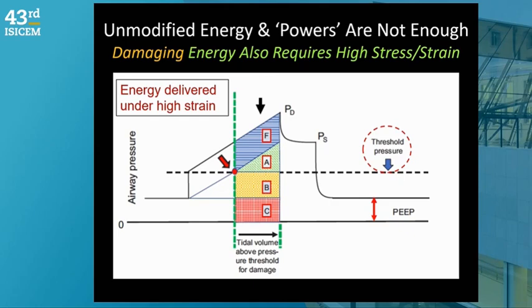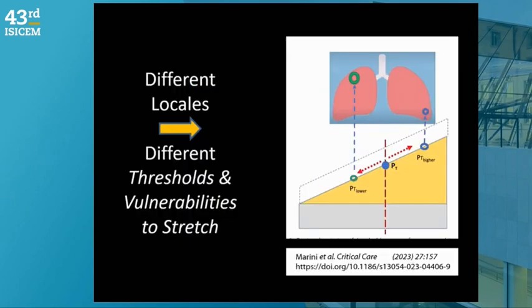And you might say, what's the threshold? That's a good question. What is that threshold pressure that we're concerned about? Well, different locales in the lung, high and low, will have different thresholds that we have to concern ourselves with.